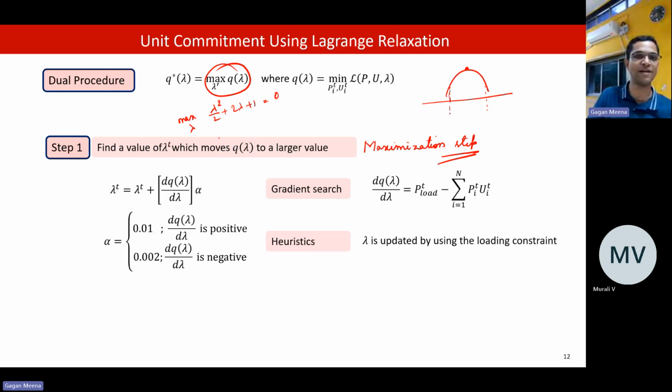For that, we update the initial value. This is our initial guess. Generally, we take it as 0. So if we start with 0, we have to reach the lambda star, which results in the maximum of this Q lambda. This we are doing using this gradient search. We are updating this. This is the search, and dQ by d lambda is the same here.